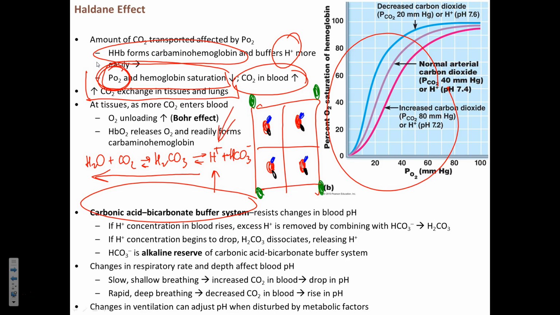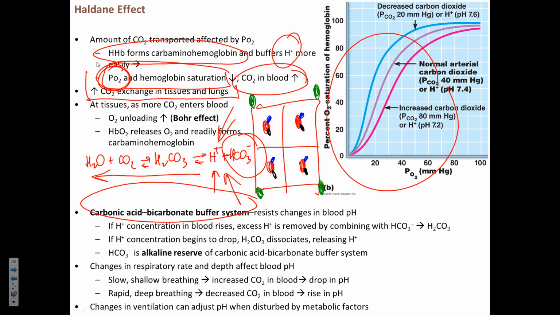If this becomes low, then the carbonic acid that we have dissociates and produces more hydrogen ions. Does that make sense? Good. Now, the alkaline reserve is extremely important. If you have a good, decent alkaline reserve, it stabilizes your blood pH better.